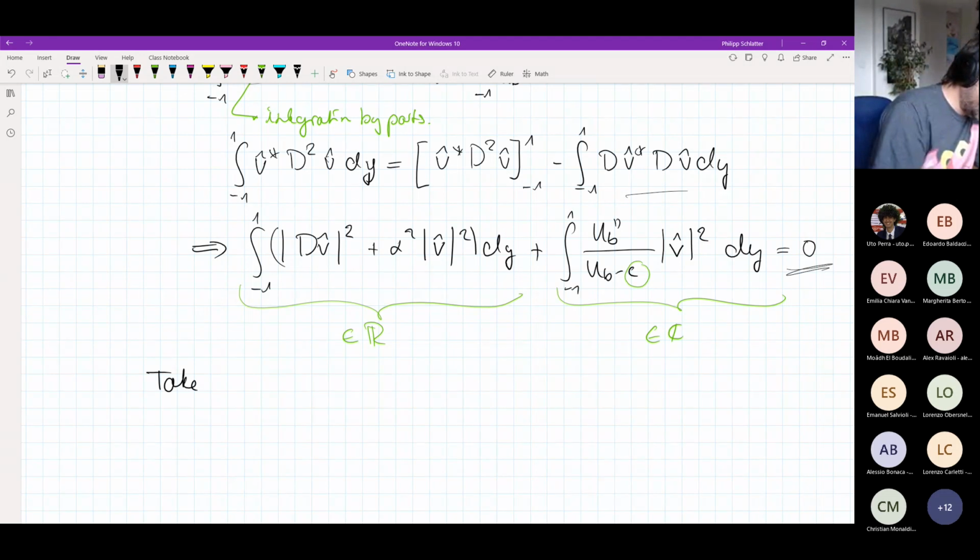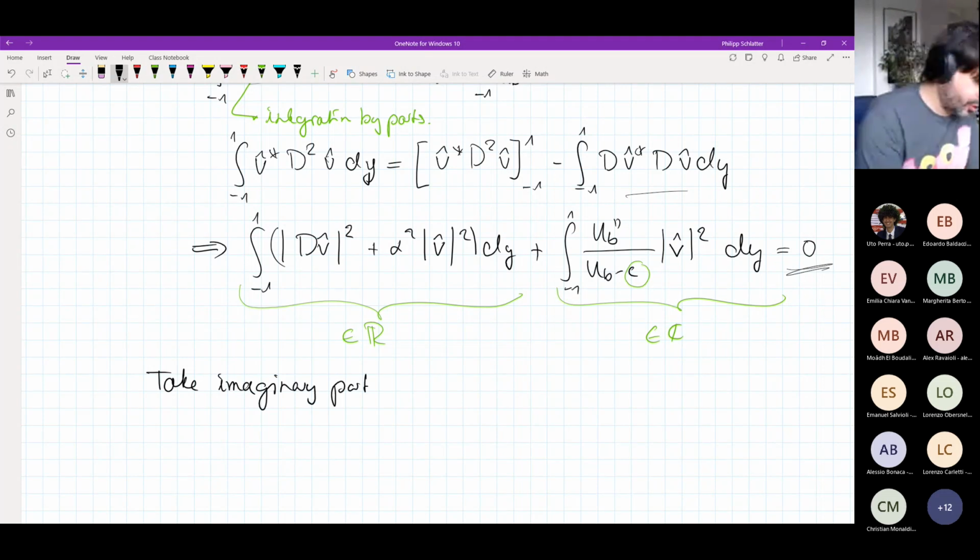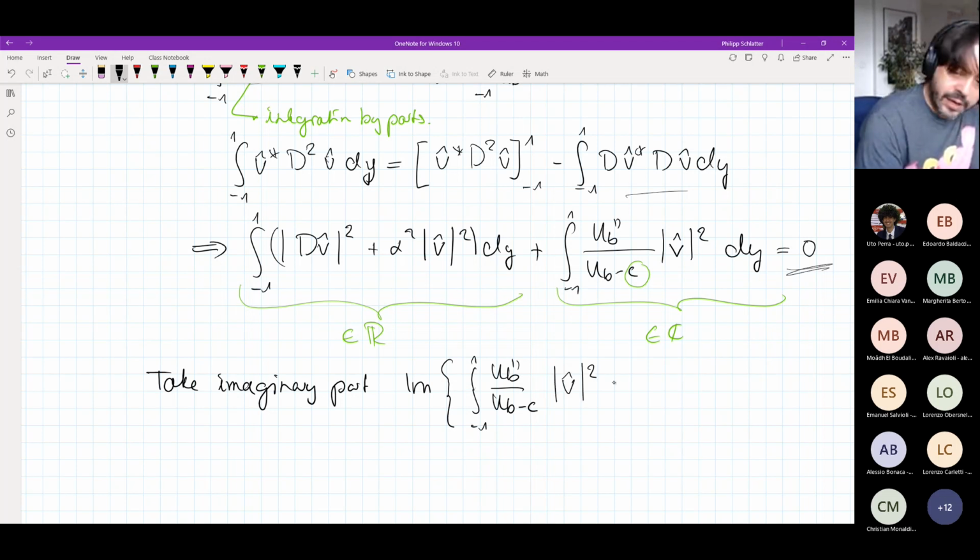How we can proceed here is that we take the imaginary part of the whole equation, which just means the imaginary part of the second term, the integral from -1 to 1 of UB double prime divided by UB minus C times V hat squared dy. So this imaginary part needs to be zero.